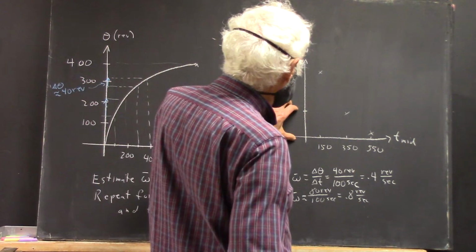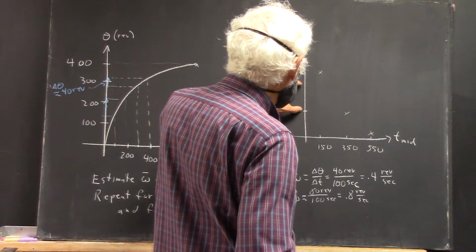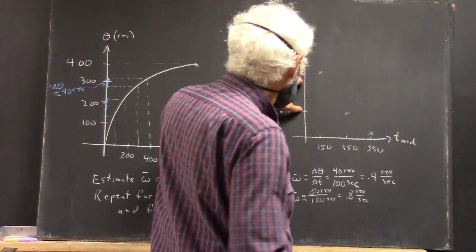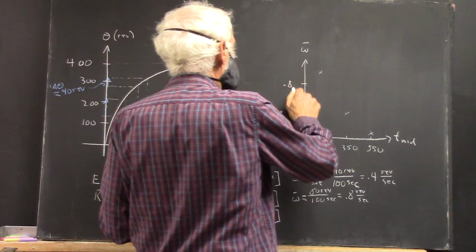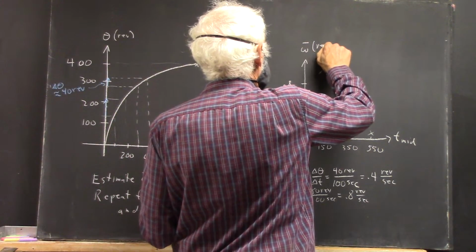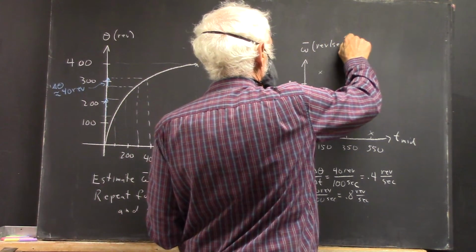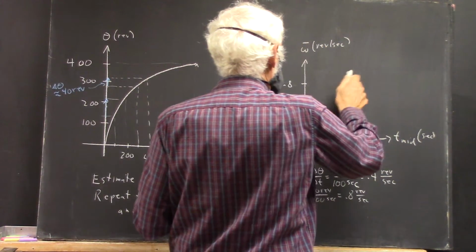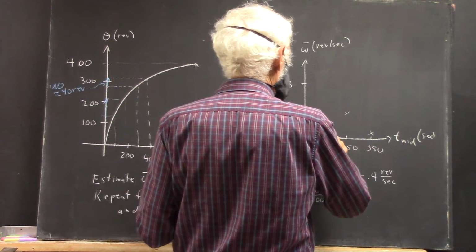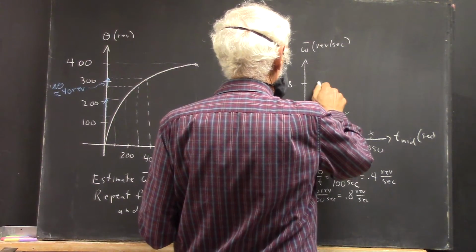Well, I didn't do too bad with the shape of this graph, but 0.8 wouldn't be quite this high. Should be about here. So we'll erase that point. And at 150, we'll put that here.